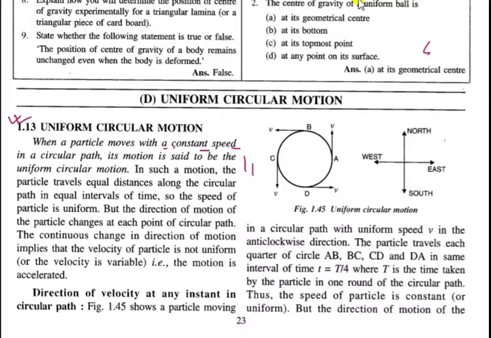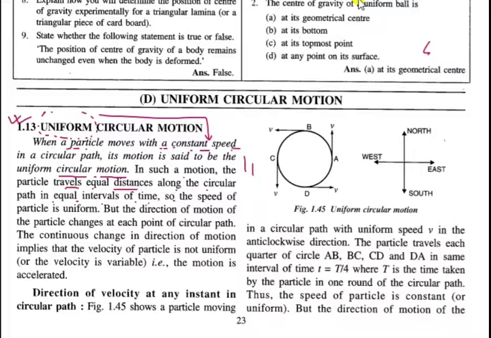Uniform circular motion. When a particle moves with a constant speed in a circular path, uniform means constant speed. In a circular path, its motion is said to be uniform circular motion. In such a motion, the particle travels equal distance along the circular path in equal intervals of time.